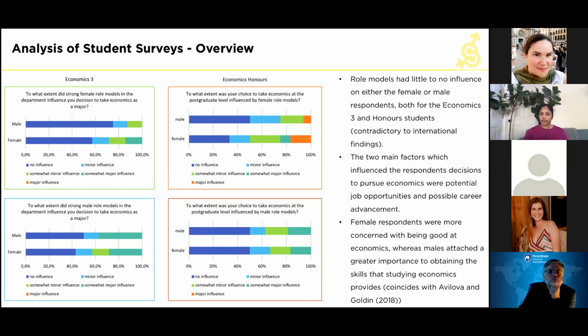It's strange that there's one respondent, it looks like one male respondent, who said that a female role model had a major influence, whereas none of the male respondents said that about the influence of male role models. So yeah, they weren't asked to elaborate, so I'm not actually sure, but it would be interesting if I could find out.